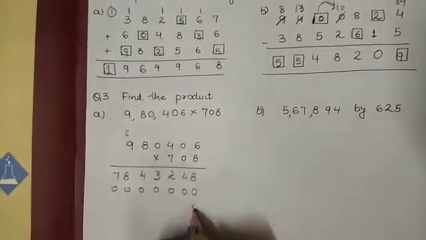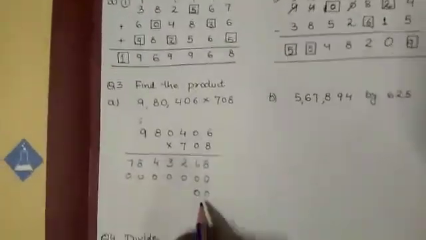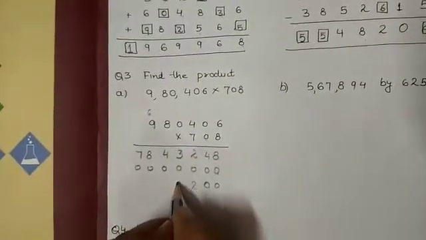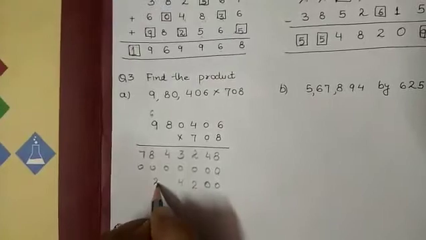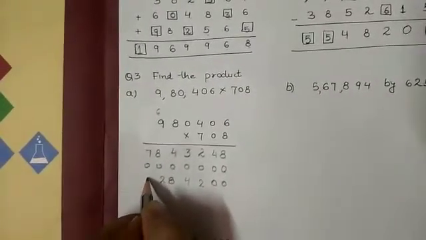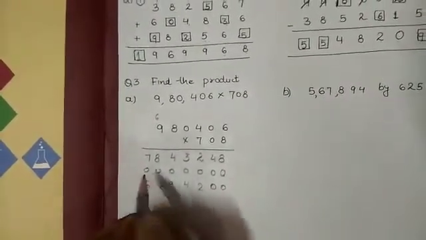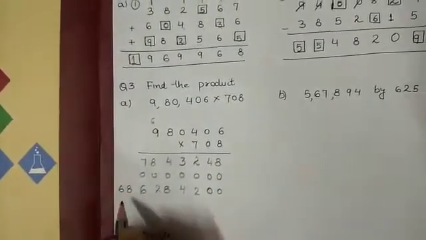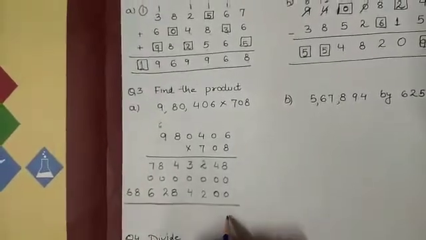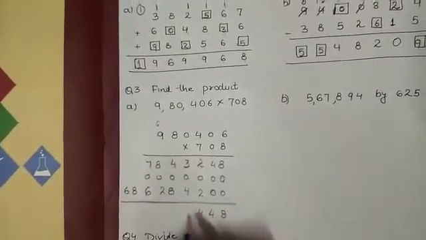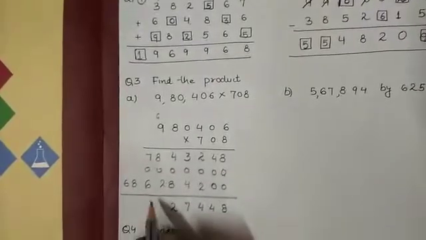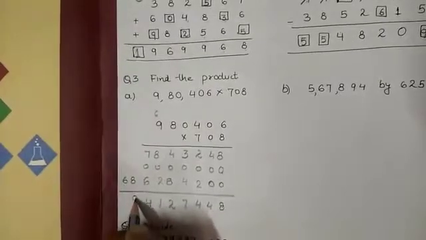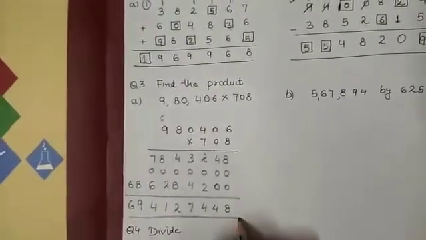Now for 7, it's at the 100 place, so zeros at the 1's and 10's. 7 6s are 42. 7 4s are 28. 7 8s are 56. 7 9s are 63 and 5, 68. Now add all these. 8, 4, 4, 7, 2, 8 to 10 and 1, 11, 13 and 1, 14, 8 and 1, 9, and then 6.